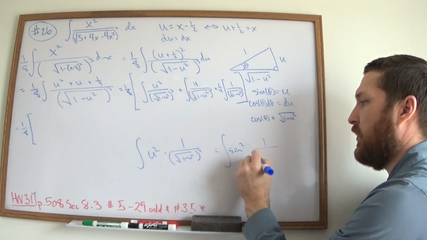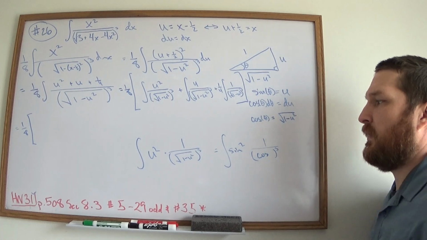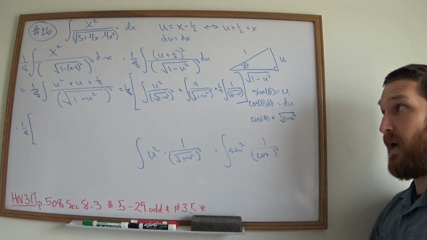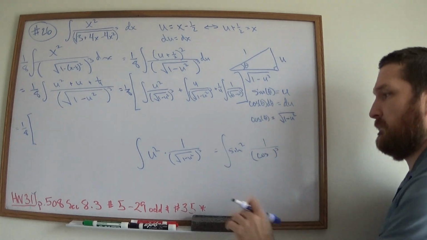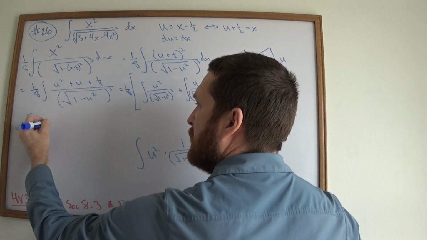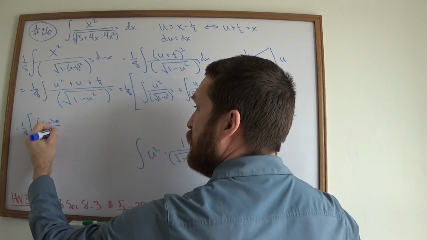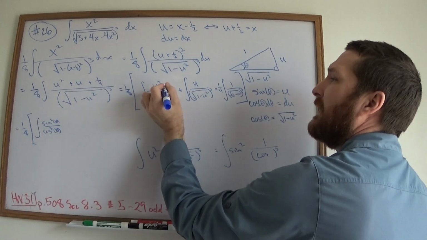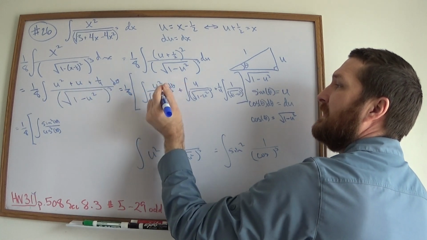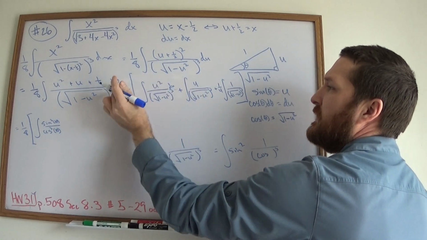This is 1 over stuff cubed. What's the stuff? That's just cosine. Oh, sine squared over cosine cubed. That's not bad. So sine squared theta over cosine cubed theta, but what I didn't write here was the d thetas.